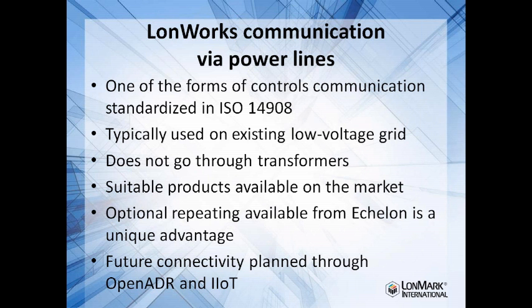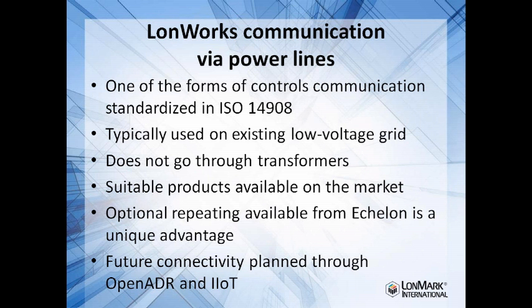In these examples I have shown, we have successfully used LonWorks communication, and it can be used via a variety of media. One of them is power lines. And now I want to go into this a bit deeper to explain the characteristics and advantages of power line communication.